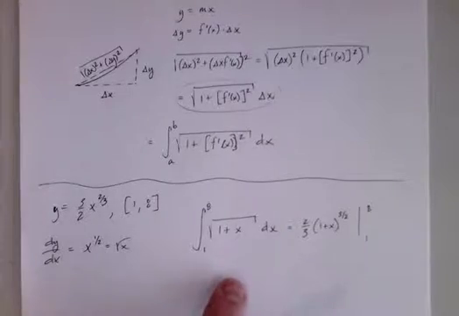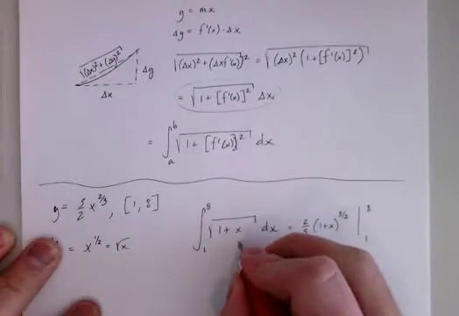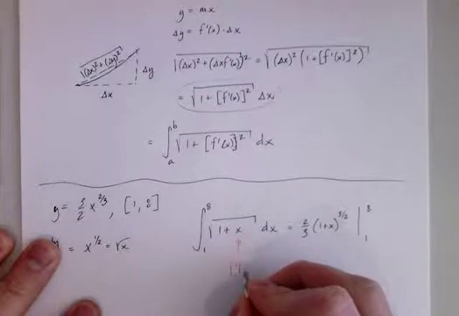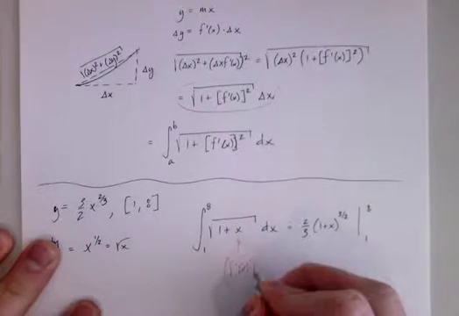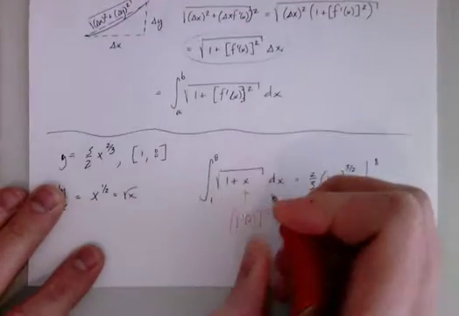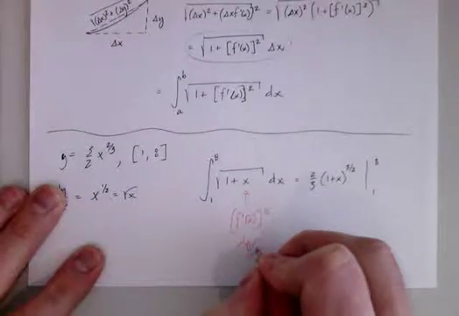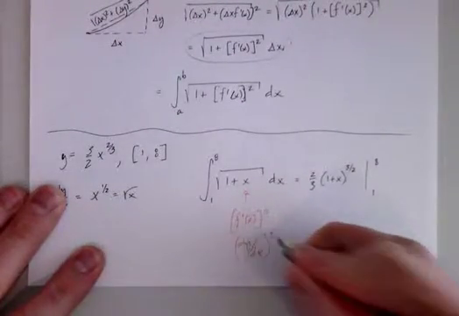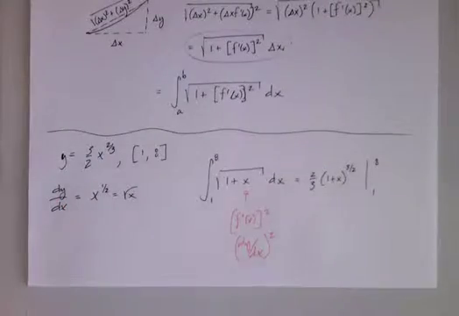But that is how it is set up, because right here, this is your f prime squared, or what we could always call dy dx squared, or y prime squared, or whatever notation you really want to use to abbreviate that, okay?